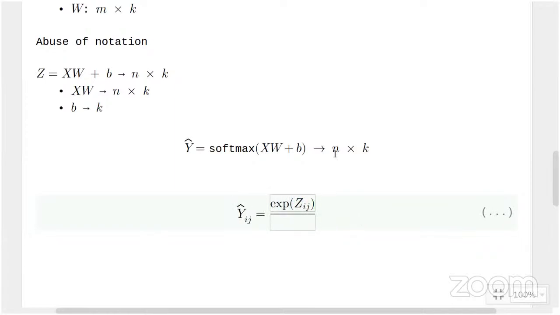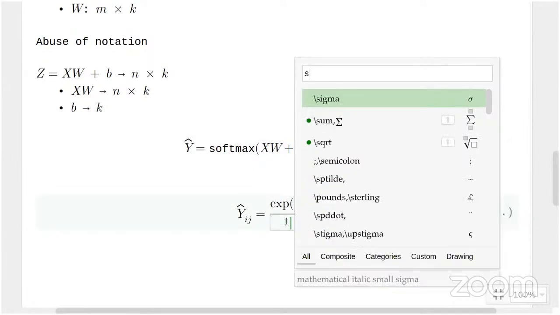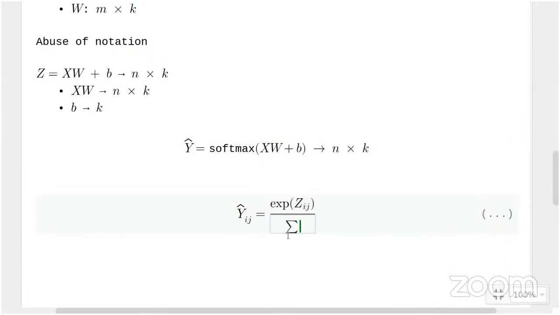And then you sum it across the K classes, the same row. Maybe I'll use a different variable if this is confusing. Let's call this C, for class. This is the softmax.